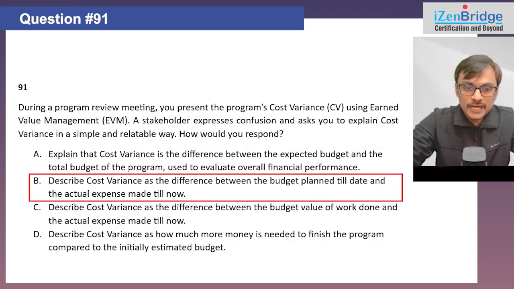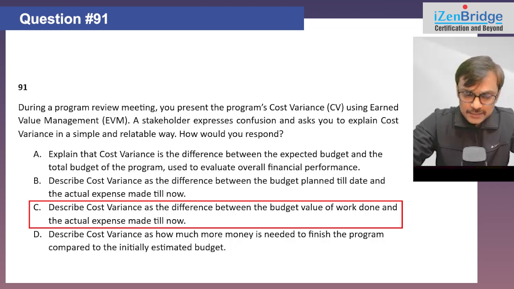Option B, describe cost variance as the difference between the budget planned till date and the actual expense made till now. So what option B is saying is PV minus AC. That is not the cost variance. Option C, describe cost variance as the difference between the budgeted value of work done, EV, and the actual expense made till now. That's the cost variance.